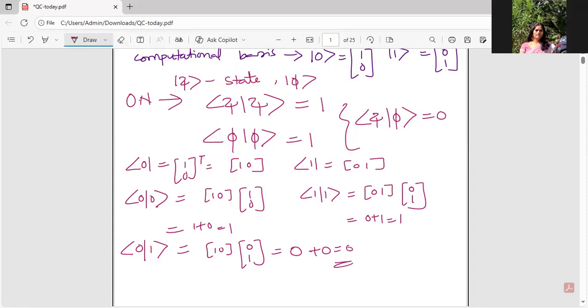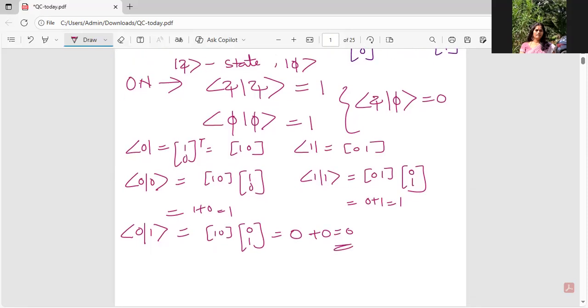Hence it is 0. Hence, looking at the definition of orthonormality, I can say ket 0 and ket 1 form an orthonormal basis. This is how I will prove the orthonormality of the computational basis.